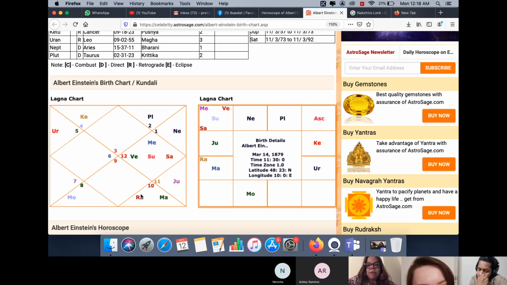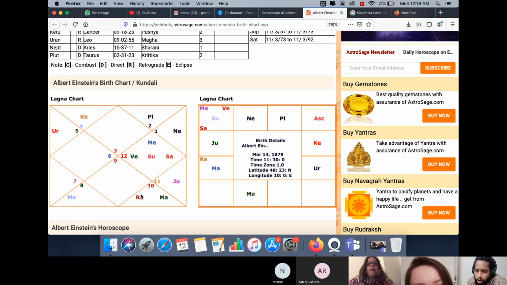That is related to Jupiter, definitely. But if you want to see it from this technique, Rahu will become the prime ruler.